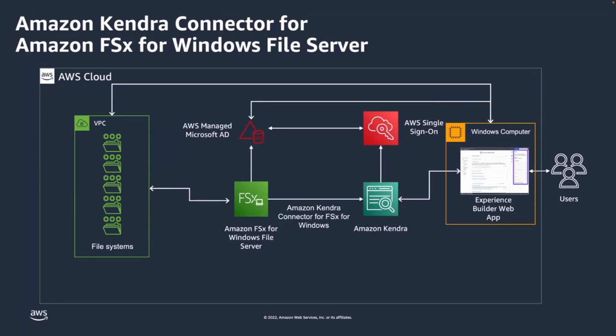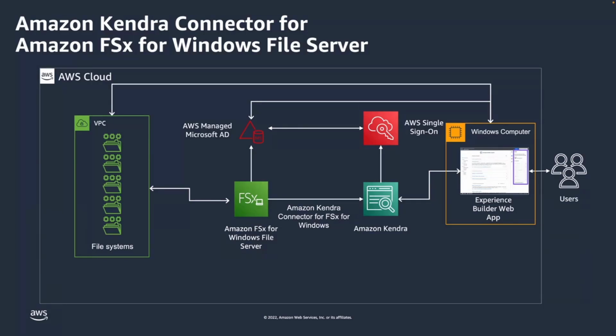Lastly, there is Amazon Kendra index that's created, and we configure Amazon Kendra connector for FSx for Windows to crawl and index all the data from the FSx Windows File Server.